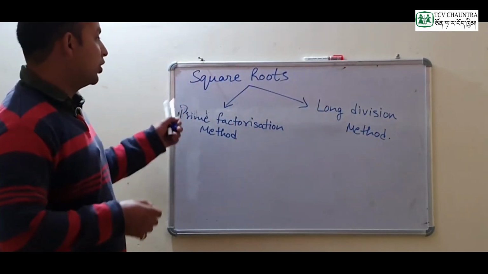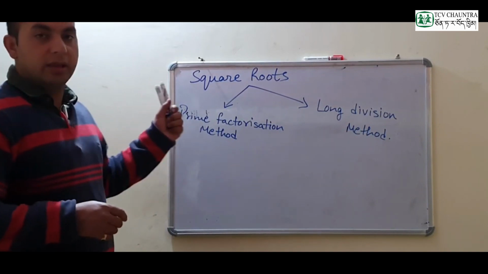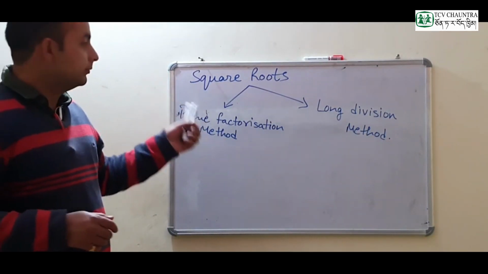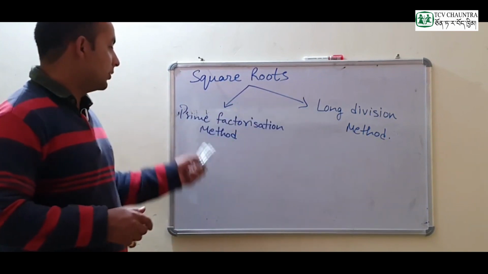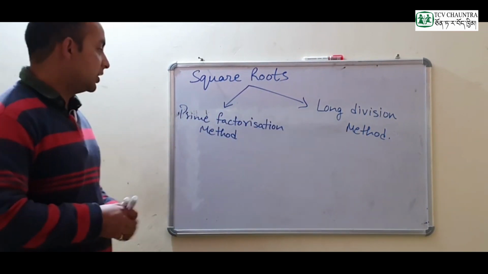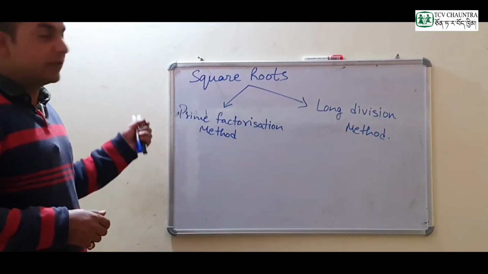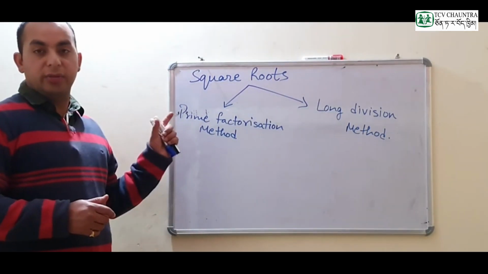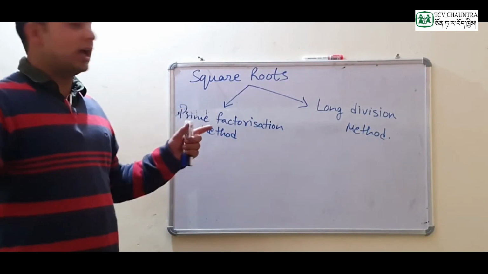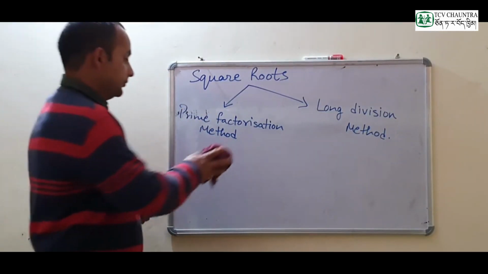First of all, we are going to check whether a given number is a perfect square or not with the help of the prime factorization method.